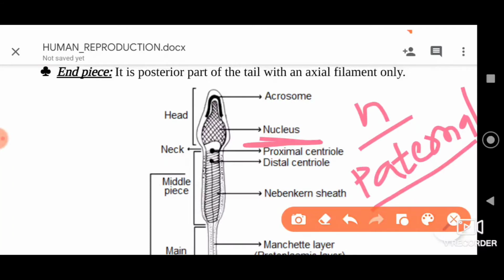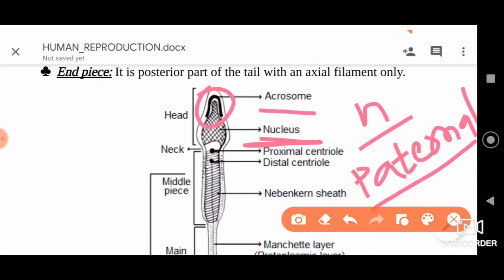Further, just above the nucleus, like a cap, we have the acrosome, present on the top of the nucleus, as you can find here. This, dear friends, surrounds the nucleus and forms the acrosomal cap. The cellular organelle responsible for the formation of the acrosome, as we all know, is the Golgi complex.